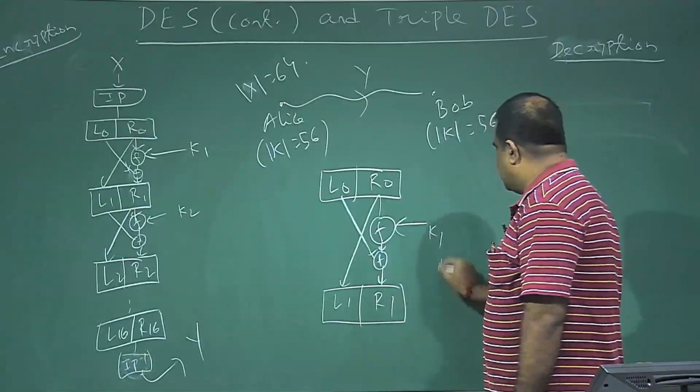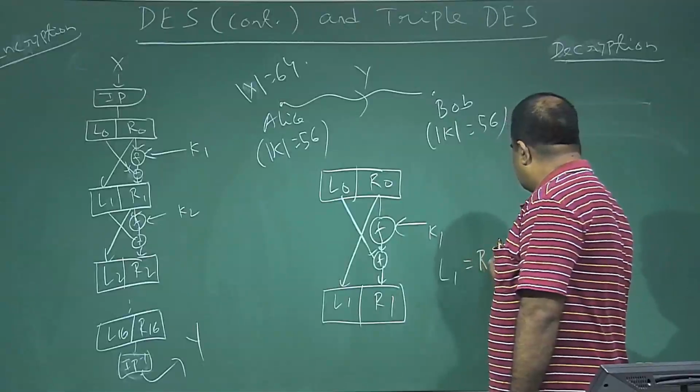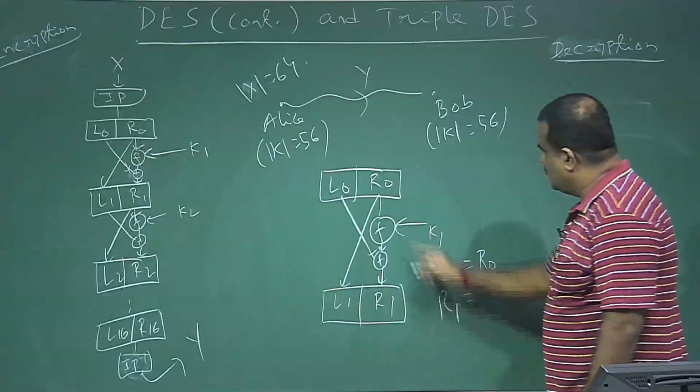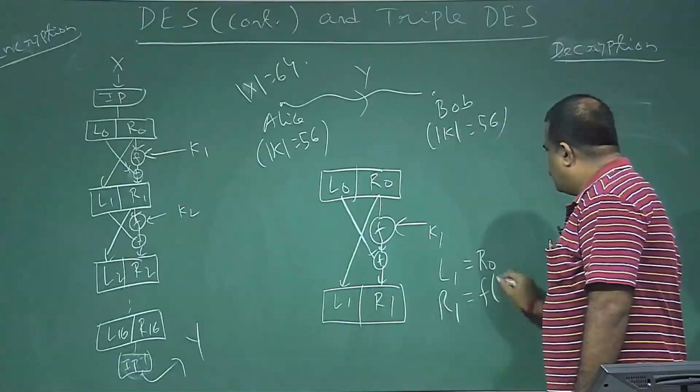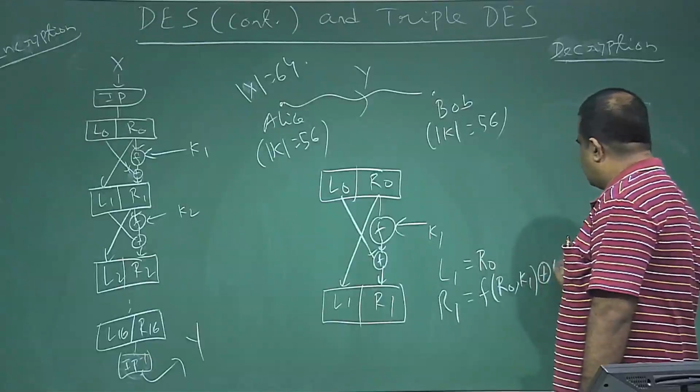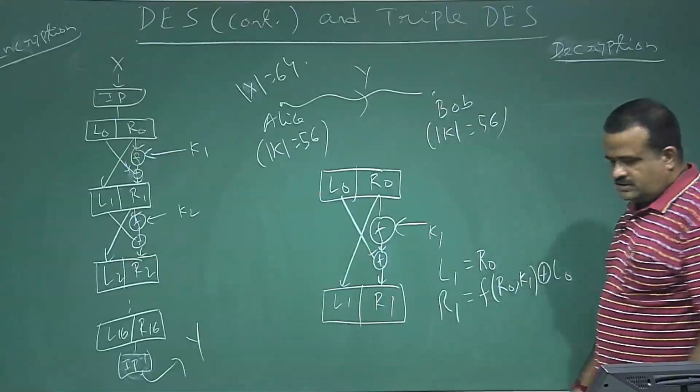So L1 is basically R0, and R1 is basically F of R0, K1 XOR with L0. This is the encryption.